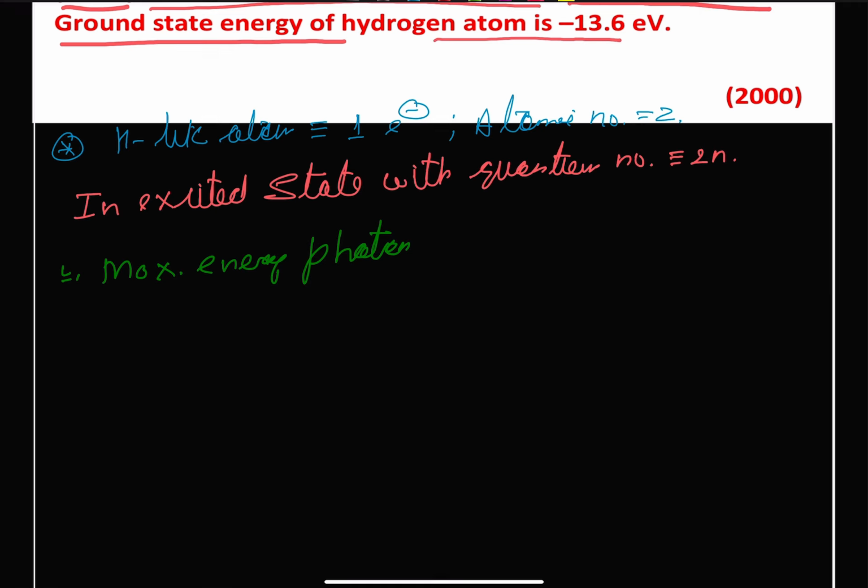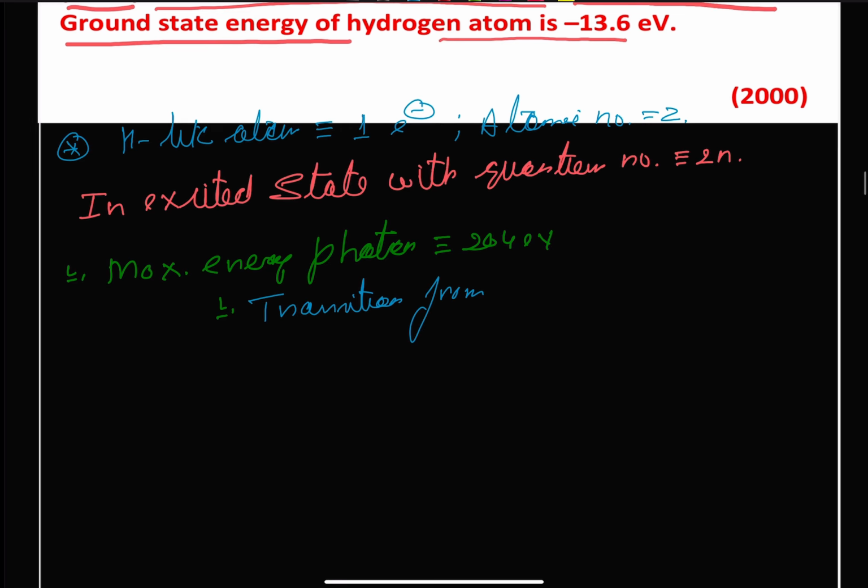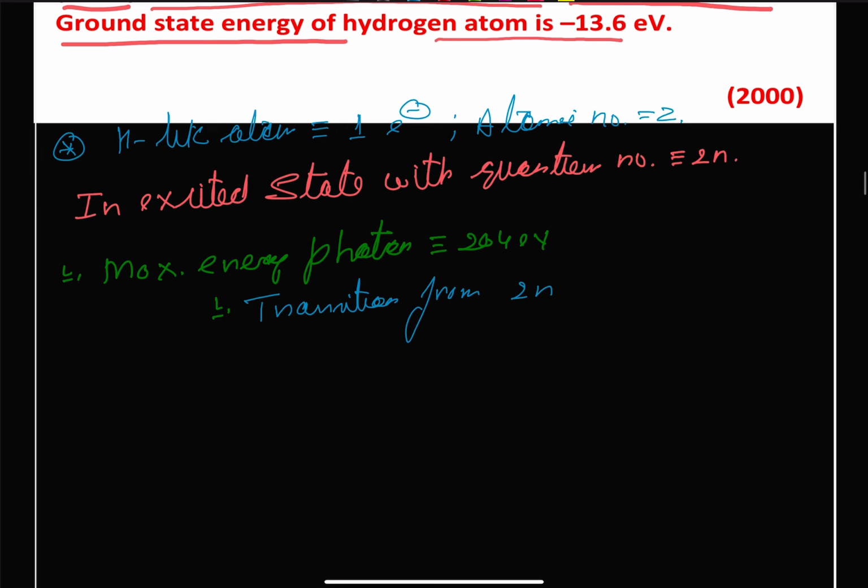So from here we can say that the transition is from its quantum number, that is 2n, to 1.